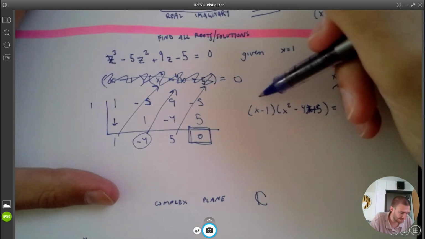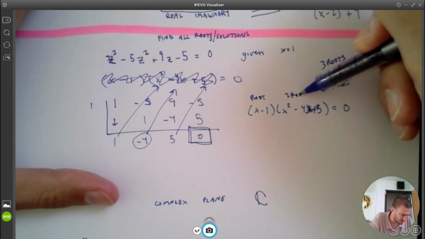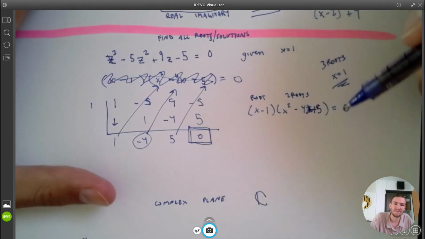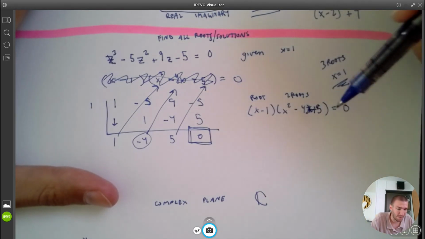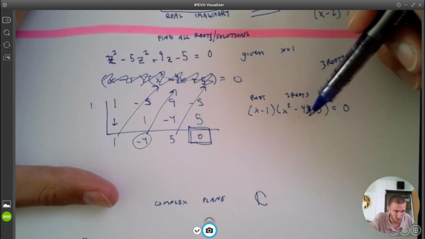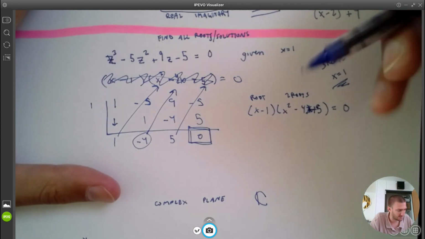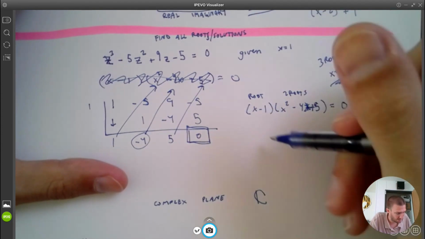Now the problem is, here's 1 root, and here's 2 roots. Hopefully I can factor this and find my roots. The problem is, finding numbers that multiply to make positive 5 but add to make negative 4 is impossible. So yet again, we need to find our 2 complex roots. They're going to come in a pair.